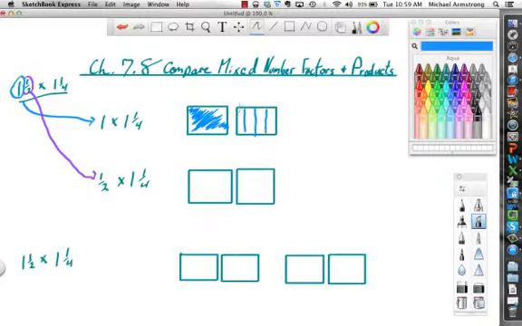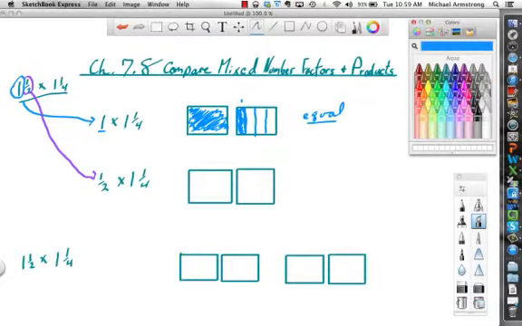So there's 4 pieces, and we're going to shade 1/4. So this little piece here is shaded to be 1/4. So when we multiply 1 times 1 and 1/4, we get 1 and 1/4. So it's equal. Okay, we know when we multiply by 1, it's equal.